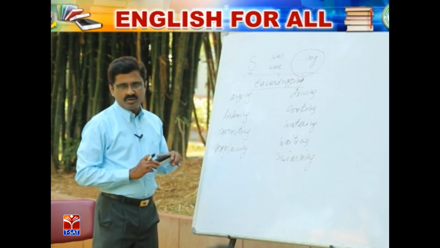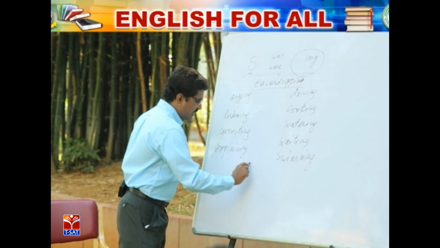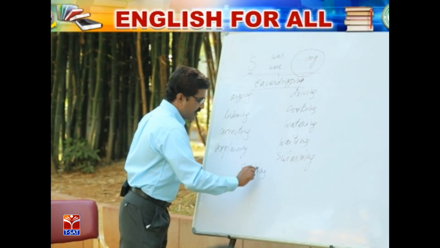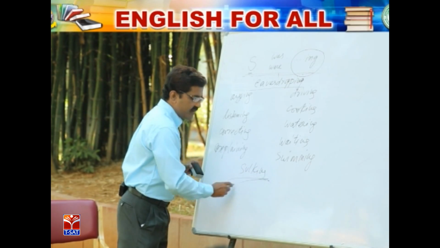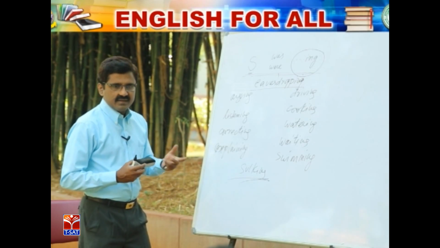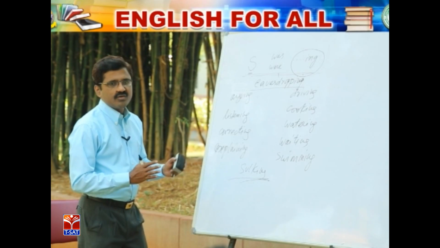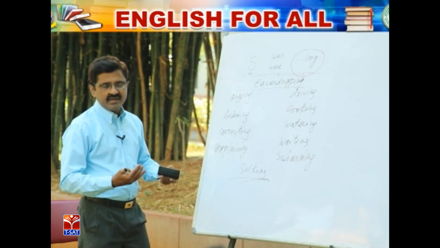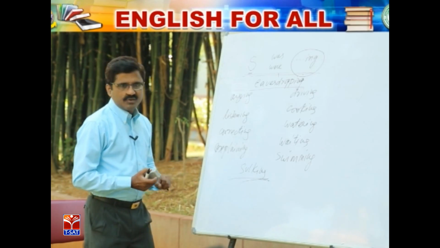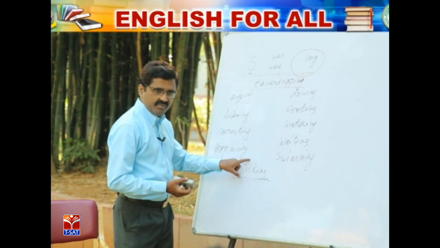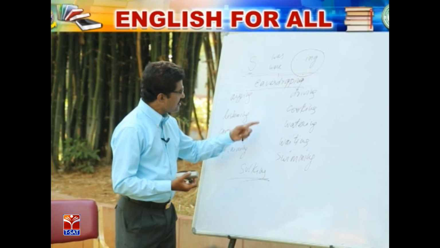That is called eavesdropping. Similarly, sulking. For example, your father shouted at your little younger sister. That girl is not talking to anybody and she is sitting in some corner not eating anything. She is expressing her anger, protest silently. That is called sulking.